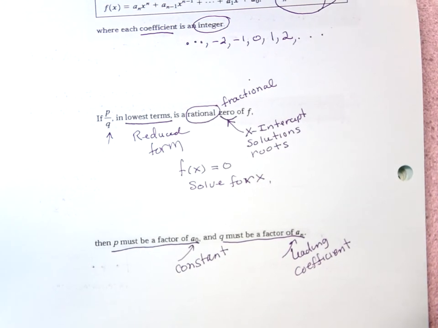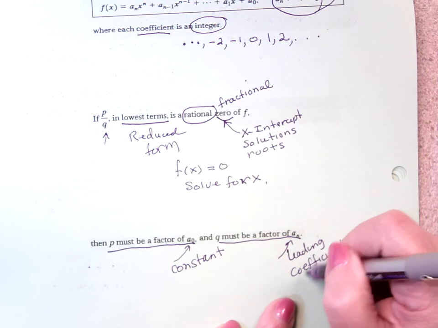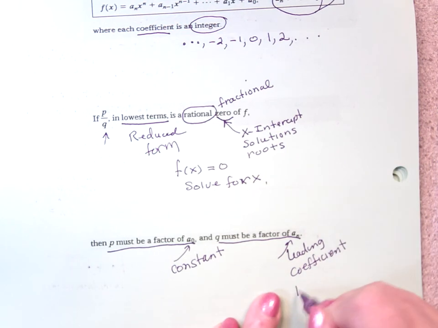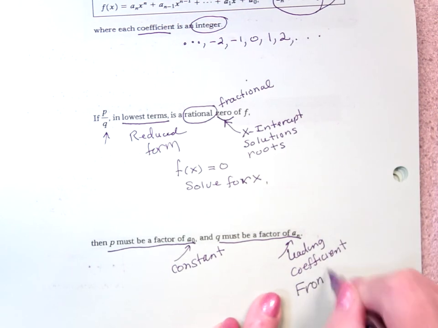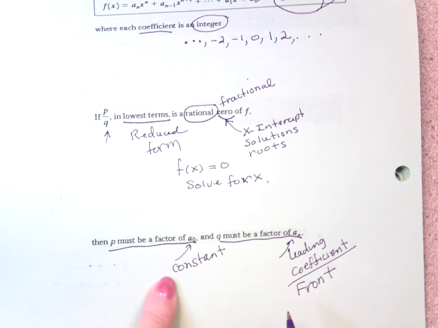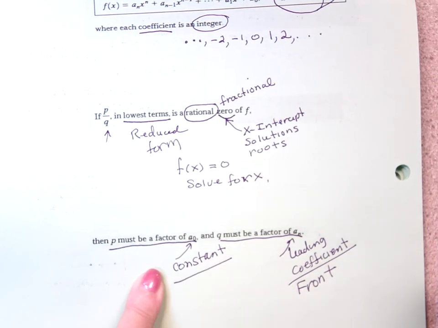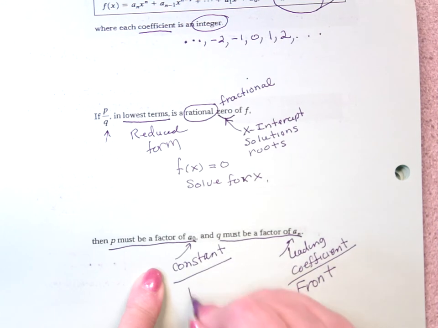My little brain can't maintain that. However, if I think about an being the leading coefficient, he is in the front of the bus. He leads, he's in the front. If I look at a0 as being the constant, he's the caboose of my train. He's in the back of the bus.